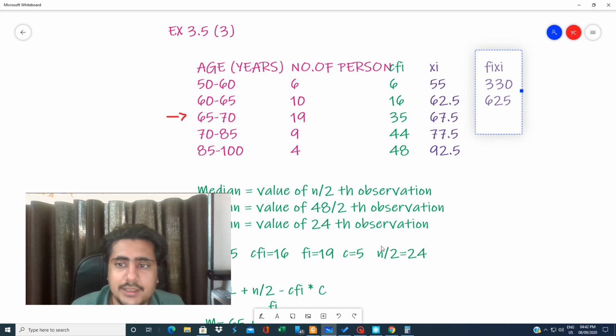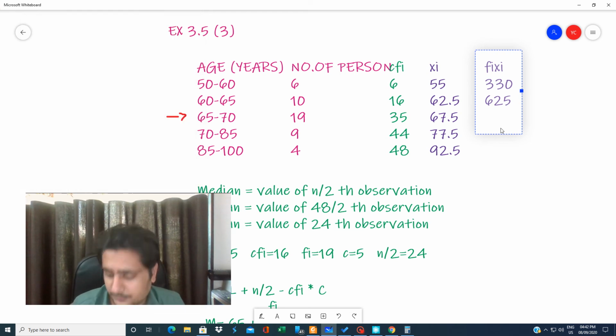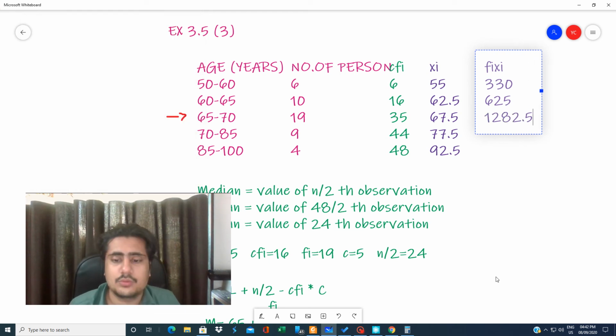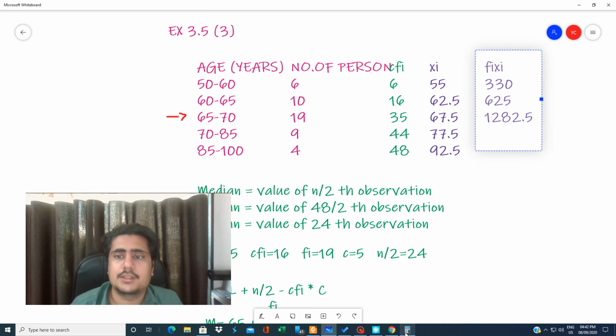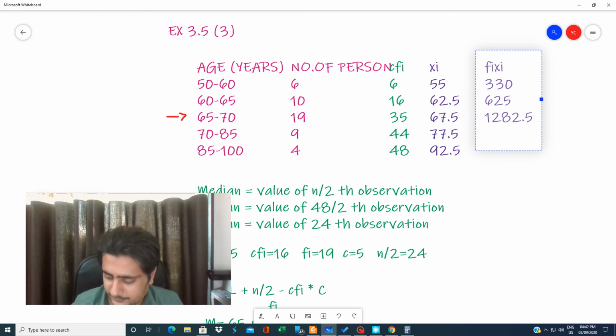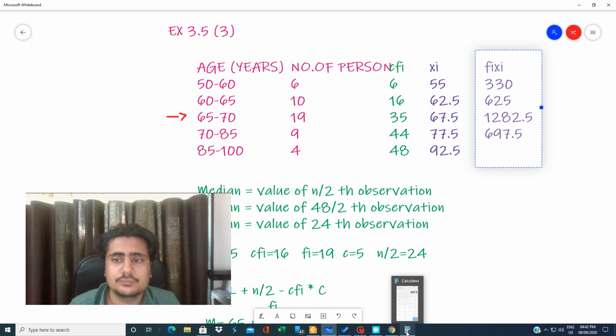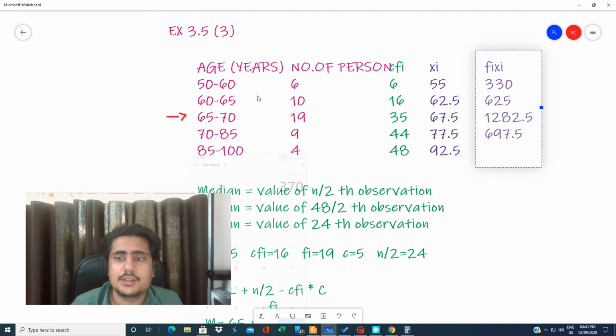Then 19 into 67.5, which is 1282.5. Then 9 into 77.5, 697.5. Then 92.5 into 4, 370.